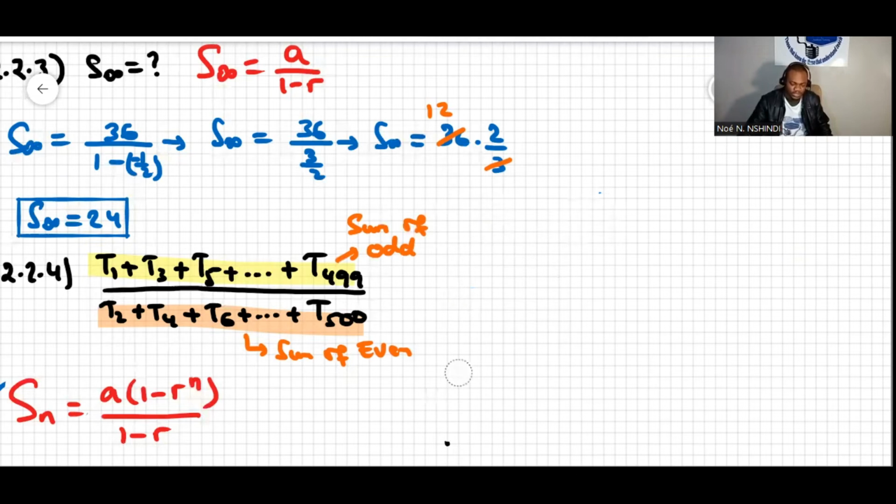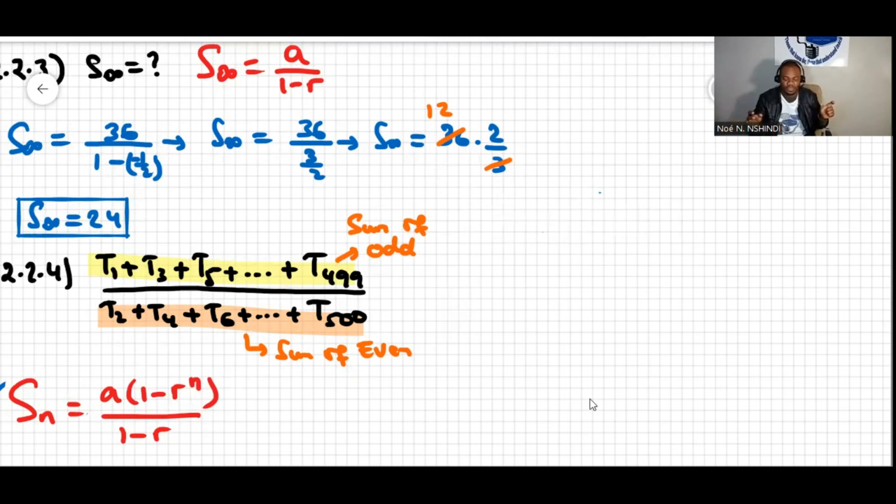So far so good, but I also want you to notice that if I want to consider the two as separated sums, the constant ratio will also change, because first of all we had the constant ratio was -1/2, but now the second term is term 3, the third term is term 5, the constant ratio will be -1/2 times -1/2.